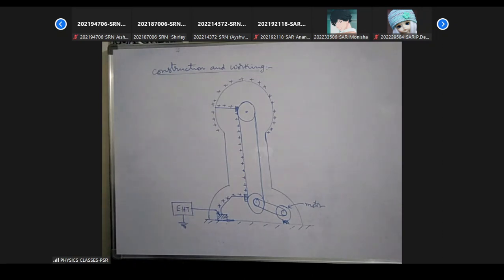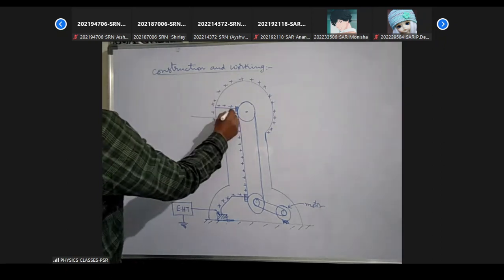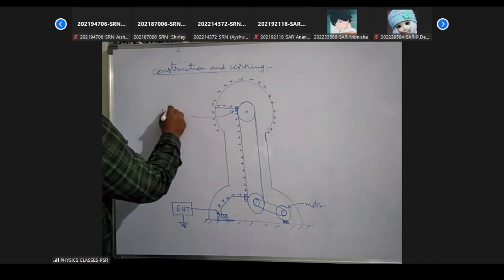Draw this diagram. This is a collector comb.